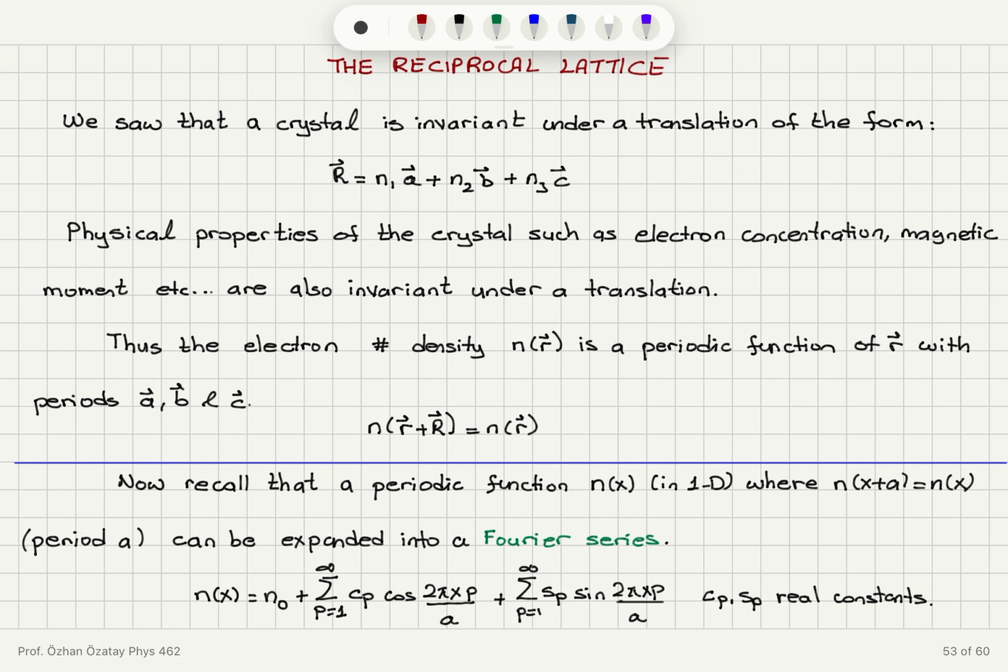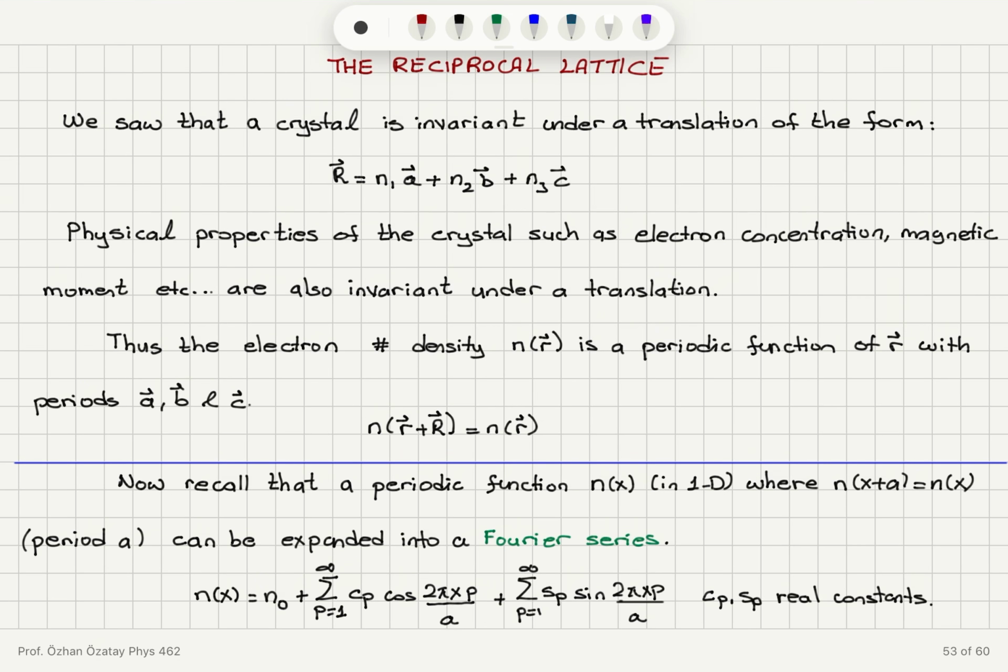So if I look at the electron concentration at one point at r, lowercase r, position vector, and if I have a displacement in the amount of capital R, a lattice translation vector, I will find the same electron concentration.